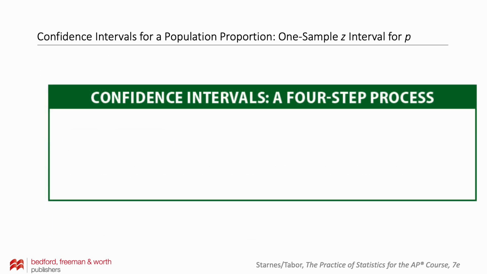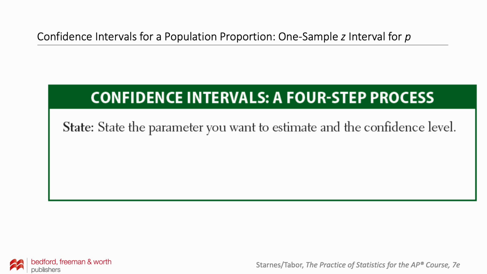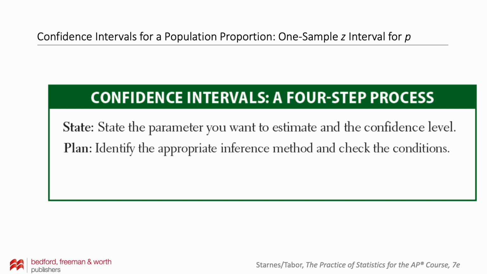Now, to create a confidence interval, we can use a four-step process whenever they ask us to construct and interpret the confidence interval. So the first step is our state. We have to state our parameter that we want to estimate and the confidence level. The next one is the plan.